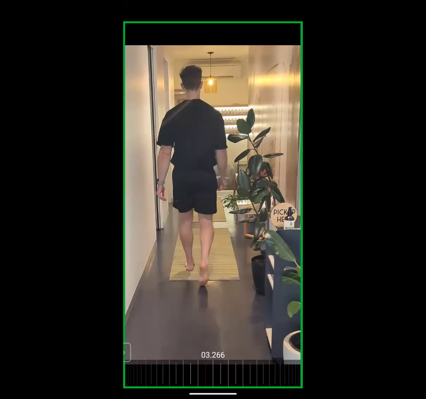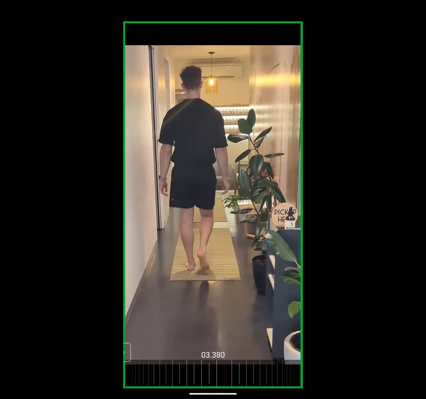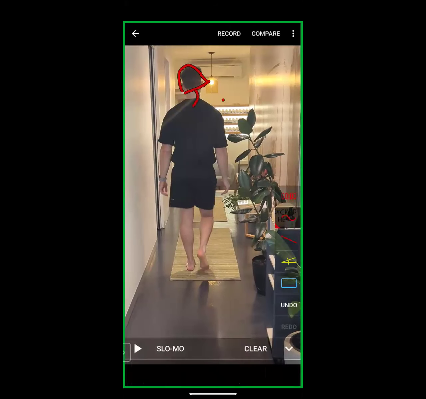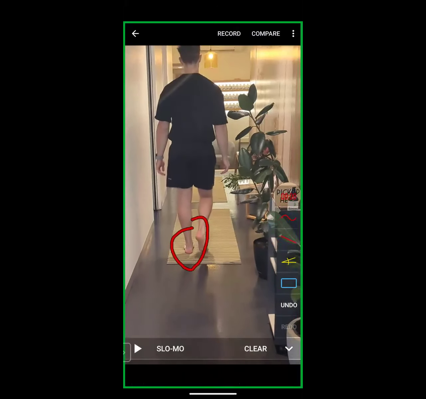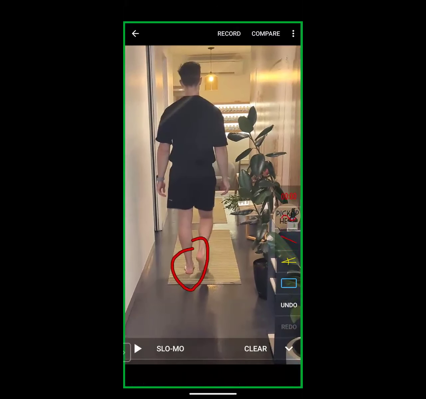In this transition phase, where he gets to a mid stance where everything should be neutral, this is where we see a very large left lateral flexion of the skull, right side hiked. And he seems to be hiked into the left side of his pelvis there. Left foot is a little bit pronated. Very interesting.